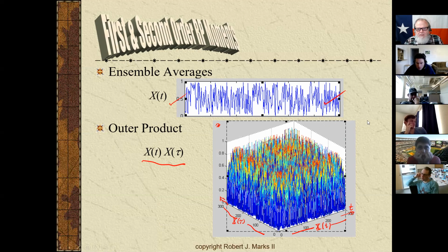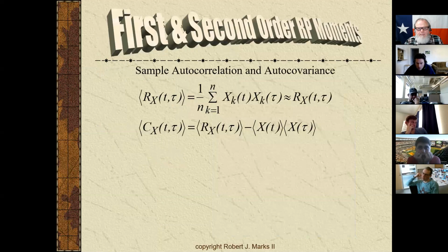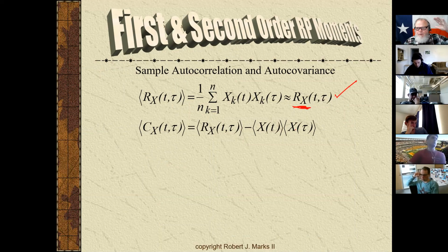So what happens if we average out a bunch of these to estimate, using the law of large numbers, the autocorrelation as a function of t and tau? We take this field of grass and average a bunch of them for different results. Then we can subtract off the means that we have also computed from this result.